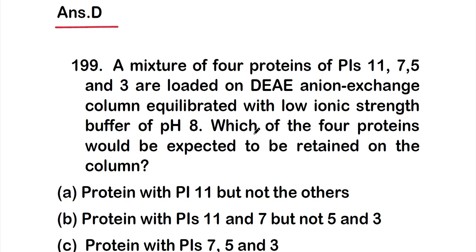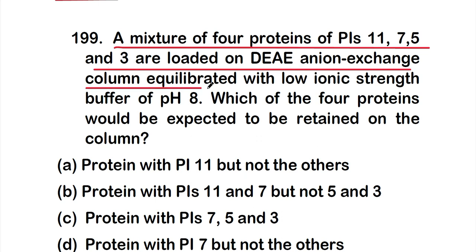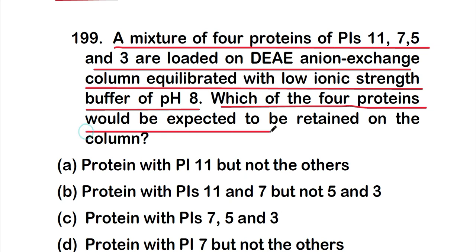Okay. So next question: a mixture of four proteins with pIs of 11, 7, 5, and 3 is loaded onto a DEAE ion exchange column equilibrated with a low ionic strength buffer of pH 8. So which of the four proteins would be expected to be retained on the column?